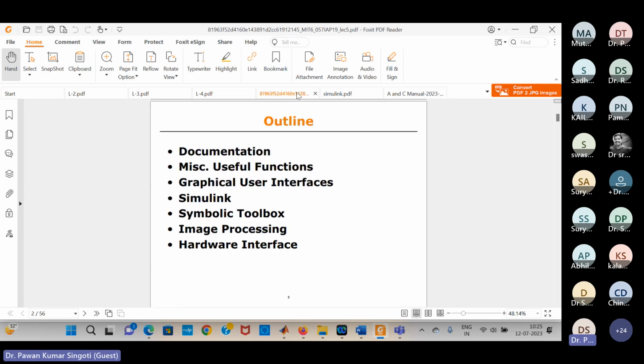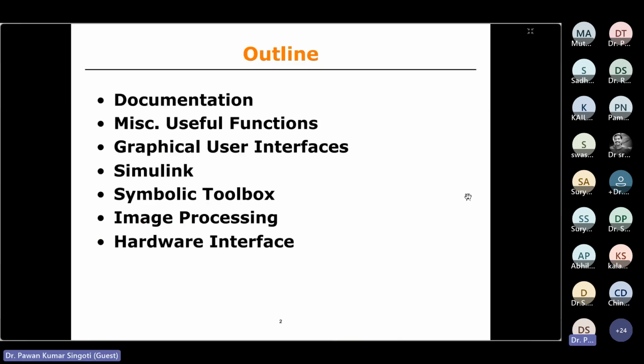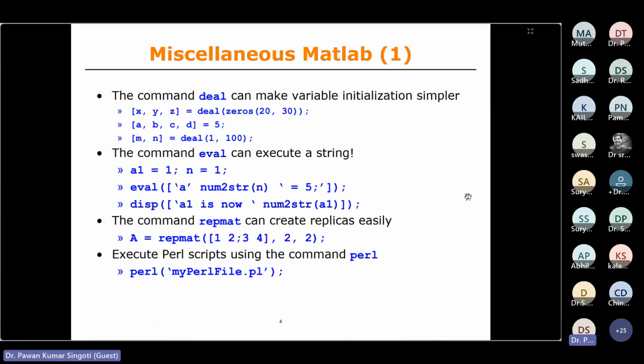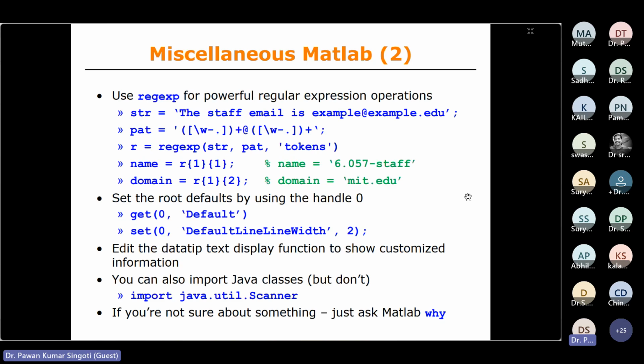Now we will see some more. I will skip some of the points here, because some are not important or very complex to study, and it is not possible to cover all the topics.